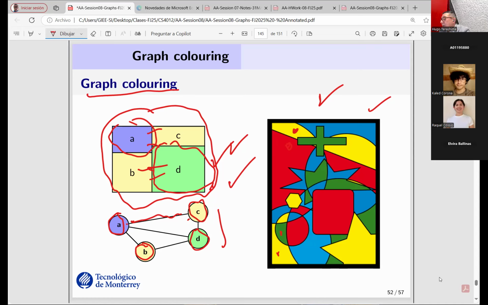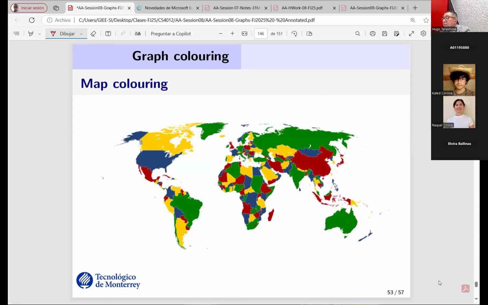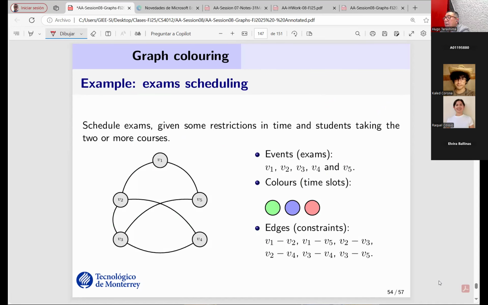And you can imagine these problems of coloring countries with different colors if they are contiguous, for example, and trying to define the minimum number of colors you need to do that is a difficult problem.